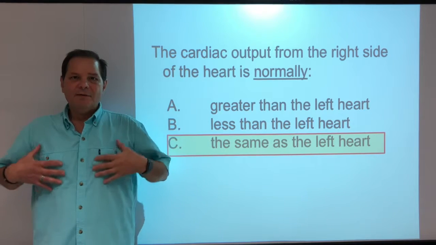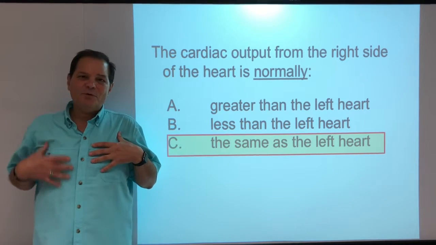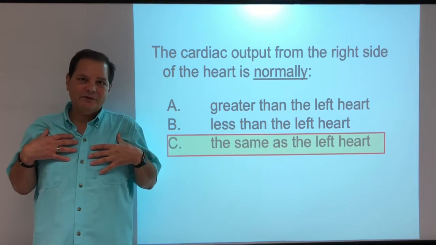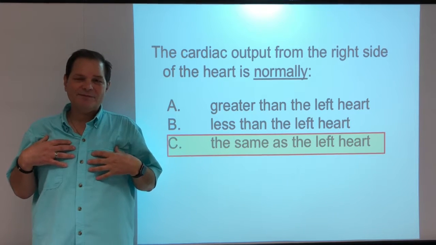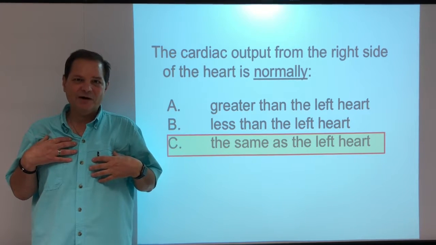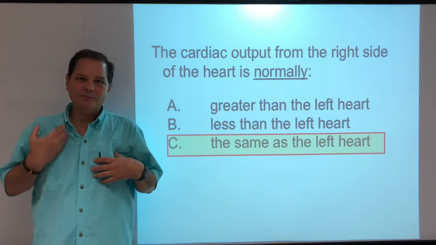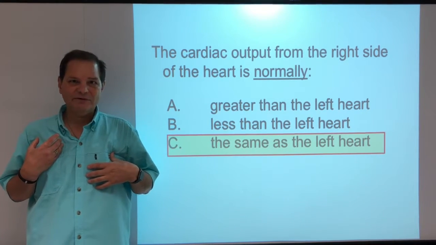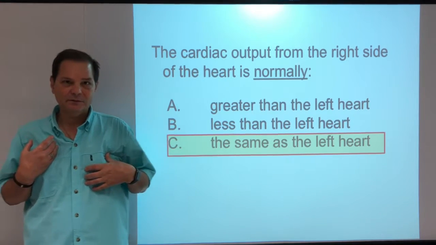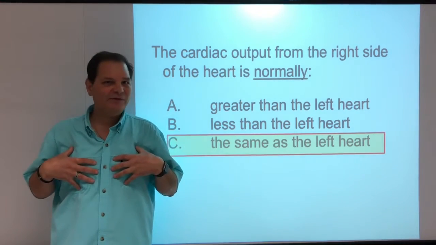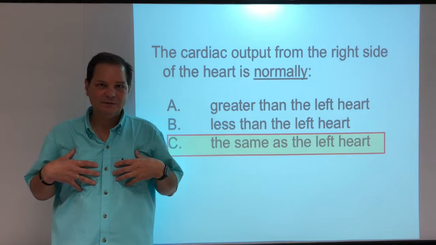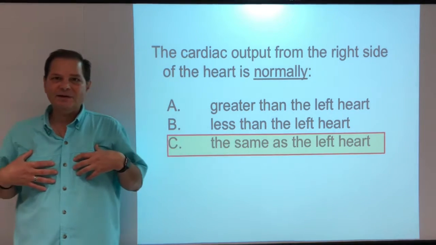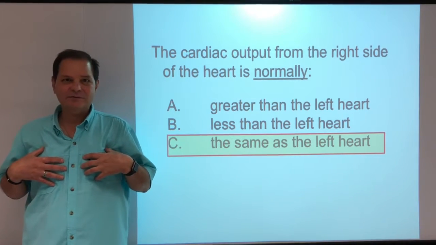If the output from my right heart was 6, and the output from my left heart was 5, I'd be pumping extra blood in with every beat into my lungs until they blew up like a water balloon and I busted, which I don't really want to do. Okay, the two have to be the same at steady state. You have to be pumping as much out of the right side as the left.